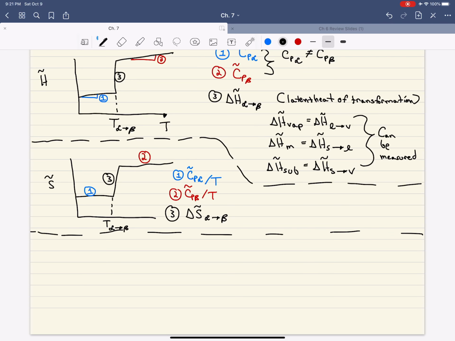I bring all these things up because, tying this back to the molar Gibbs energy, when we reach that transition temperature, T alpha to beta, we know that both the alpha and the beta phases are in equilibrium with each other and they could coexist. The criterion for that is that G beta minus G alpha, that difference, is equal to 0.